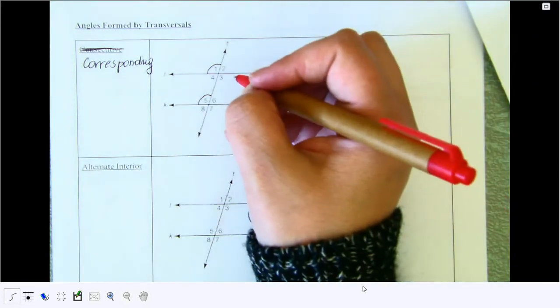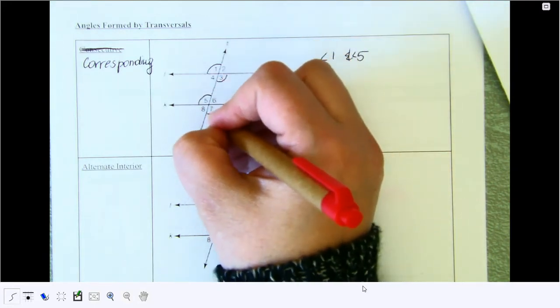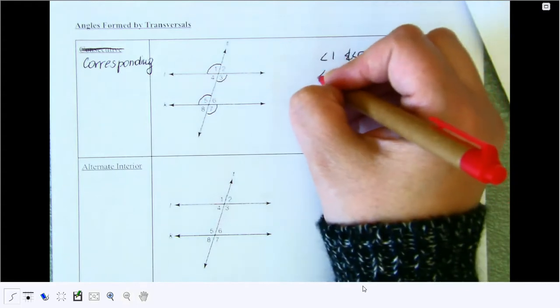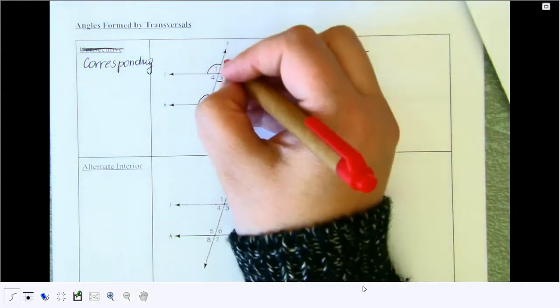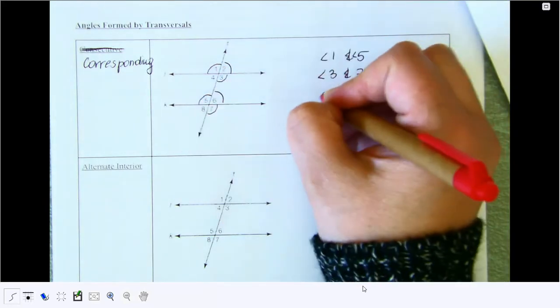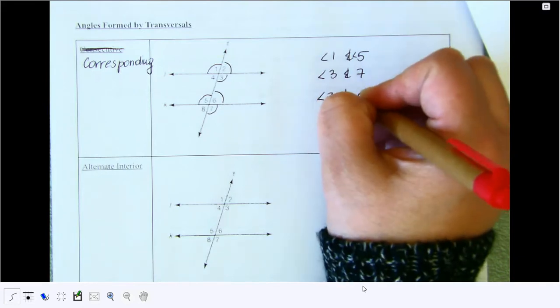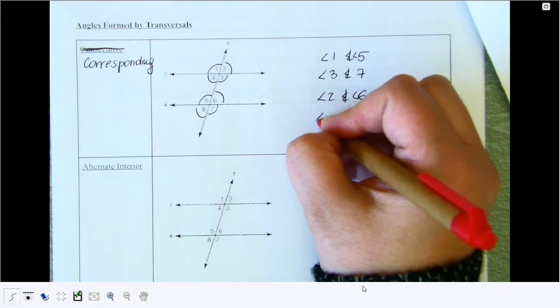Also, angle 3 is hanging and angle 7 is hanging in the same place, just on a different shelf. So 3 and 7. 2 will go with 6, and then 4 will go with 8.